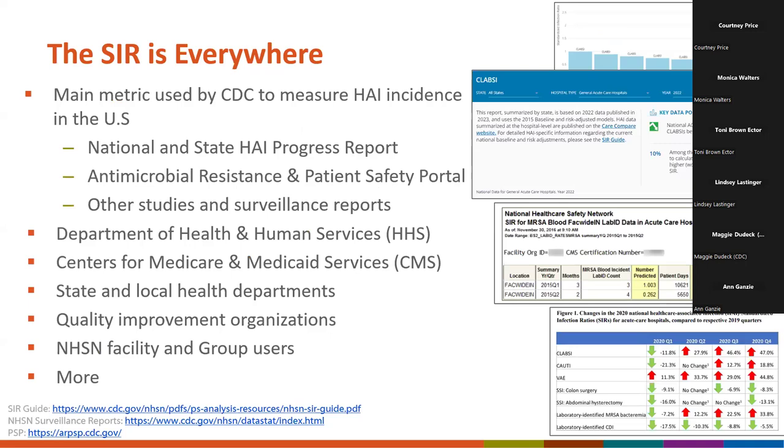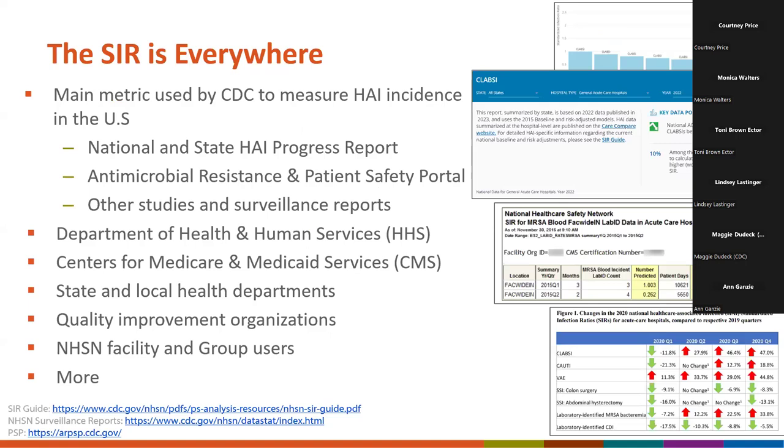Okay, and for some of our newer team members in the audience who may be newer to your role or newer to using the SIR, this is a very widely used metric. It is used across various agencies, especially those within the Department of Health and Human Services. It is used in various surveillance reports by CDC in order to track HAIs over time.